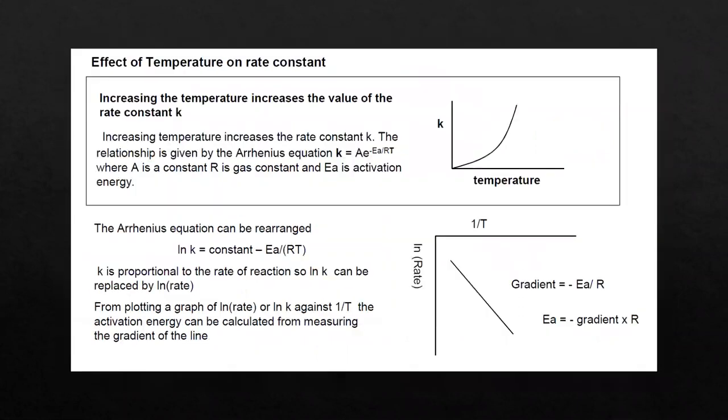Then the relation between the temperature and the rate constant: it's an exponential change basically. And this exponential change is given by the Arrhenius equation, in which k is equal to A, the Arrhenius constant, e raised to power minus Ea over RT.